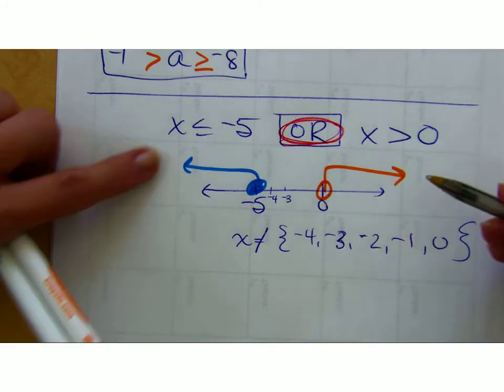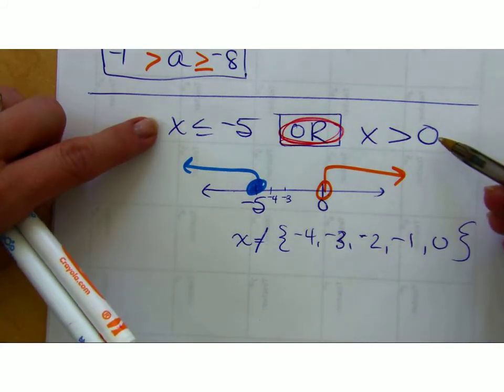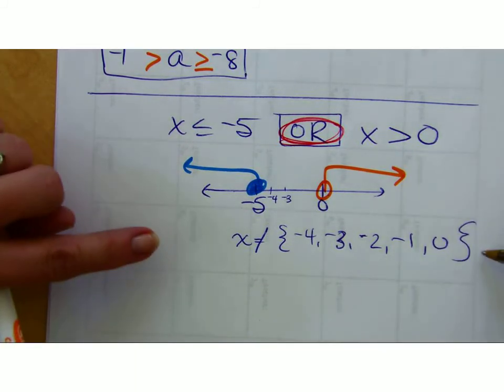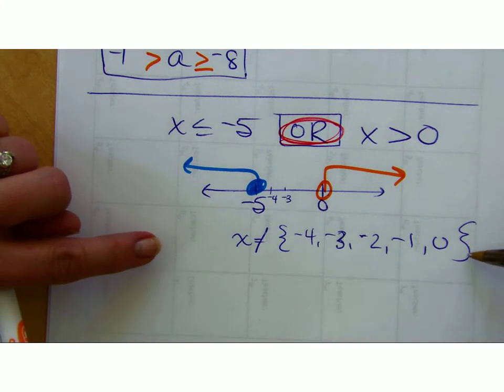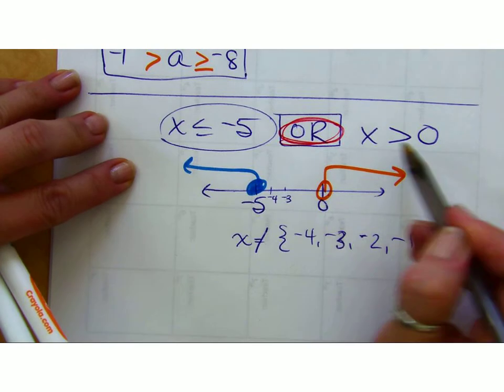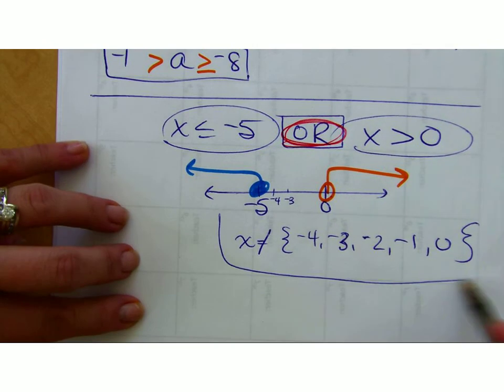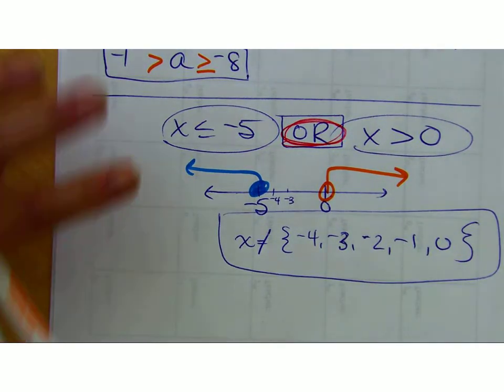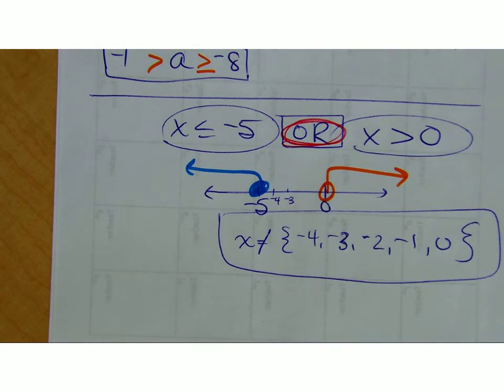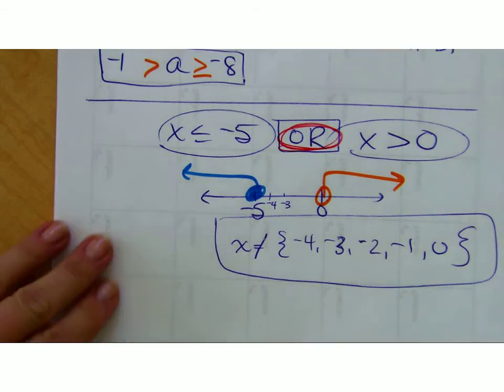This is sufficient. However, I need you to be practicing this because when you get to questions like this on the PSAT, that might not be an answer choice, but that might be. So I need you to look at it in terms of what your solution set does contain, but also what it does not contain. Are you with me? Okay, so that was the graphing.